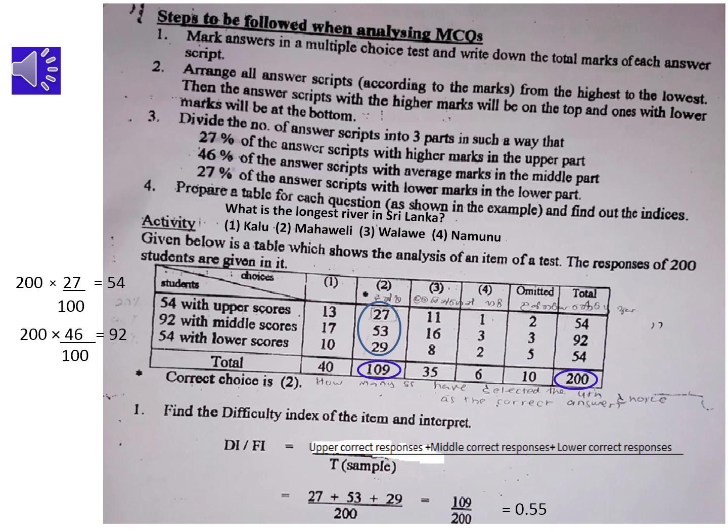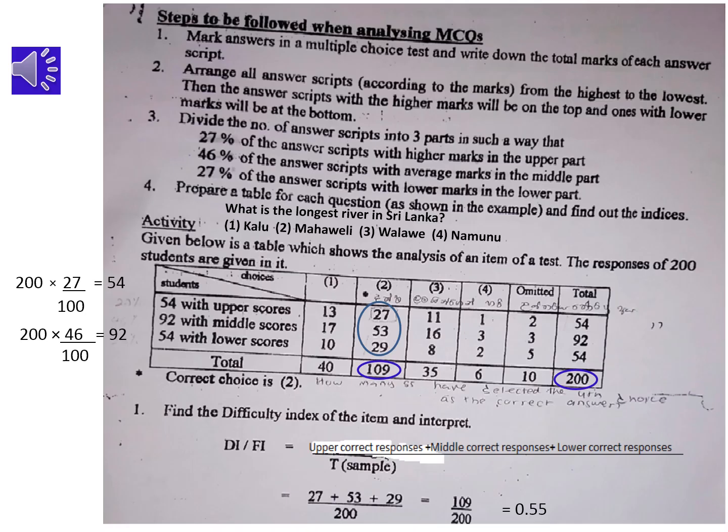You go through the first 54 papers and see how many have marked Kalu as the answer. According to this, 13 students have marked Kalu. Then you go through once again to find out how many students have marked Mahavali as the answer. The finding is 27 students have marked Mahavali as the answer.